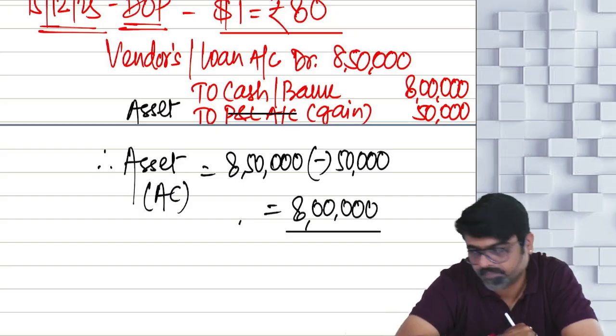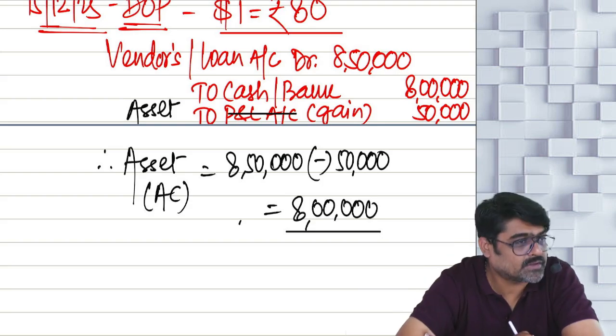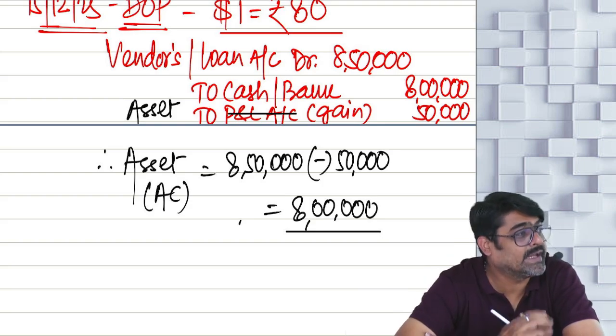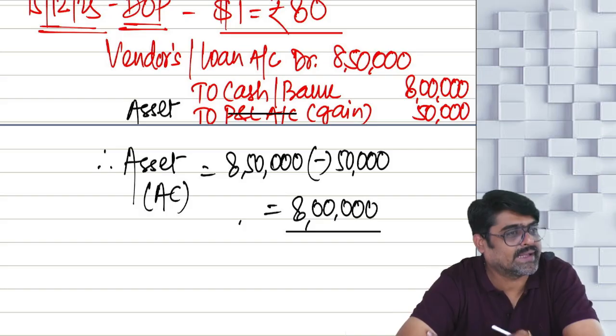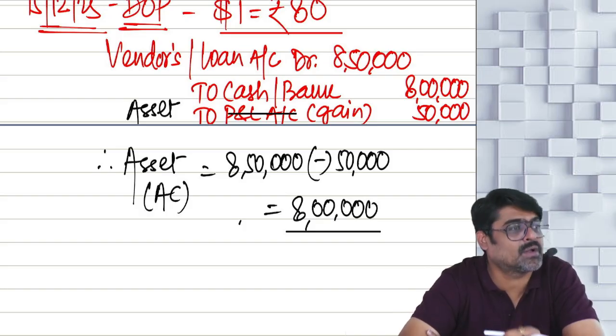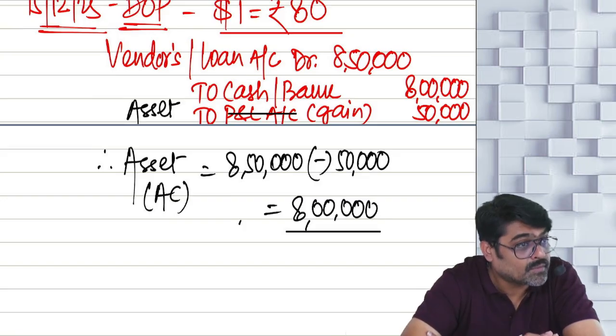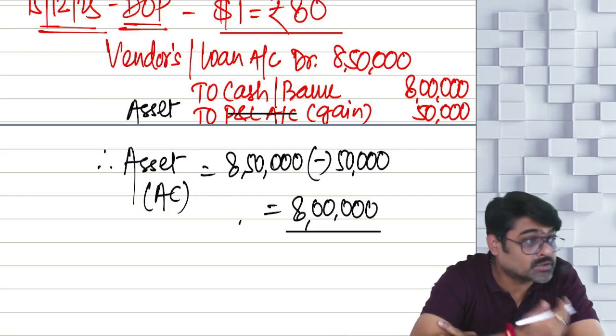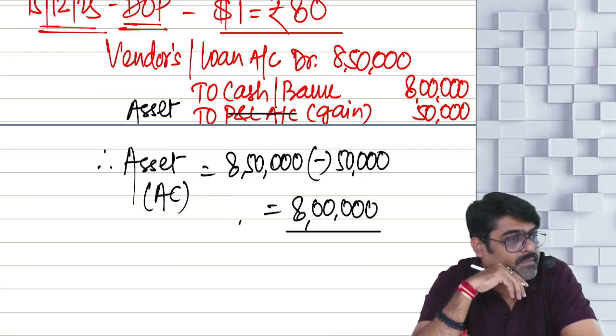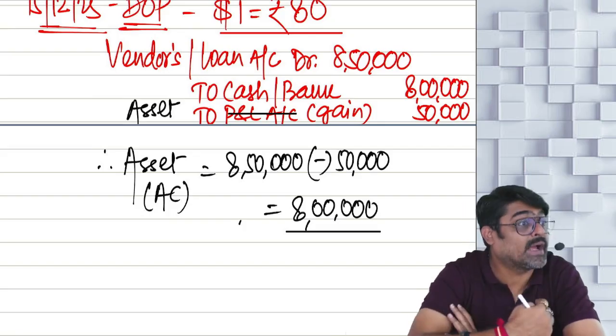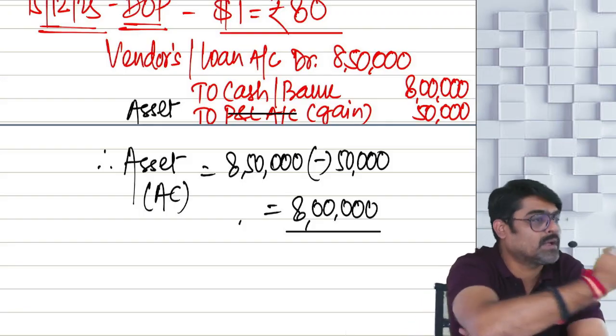Understood or not? This is your section 43A, which says that any foreign exchange gain or loss which is happening at the time of payment of the cost of that asset to the vendor or as a loan, whatever cost you are giving back.